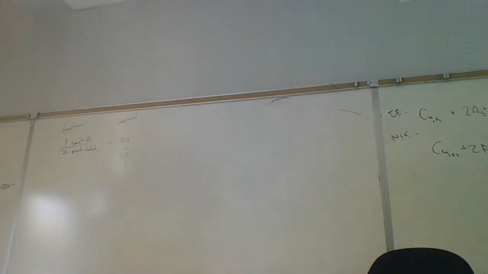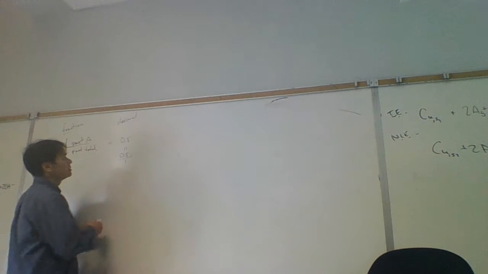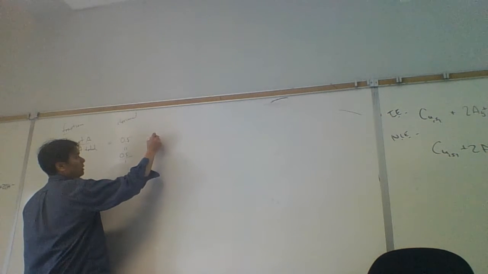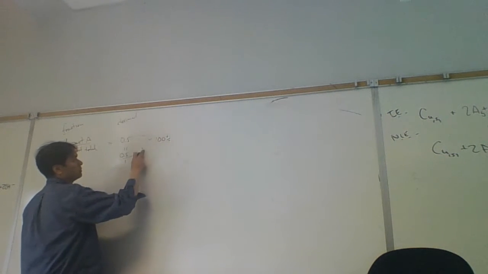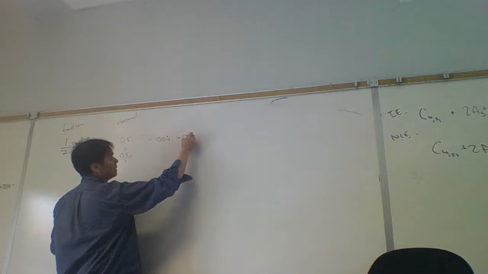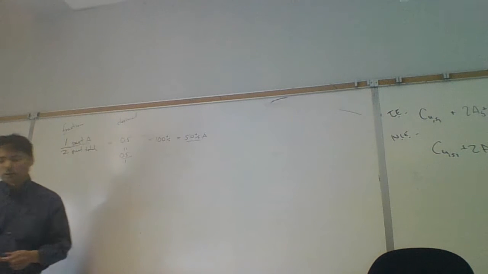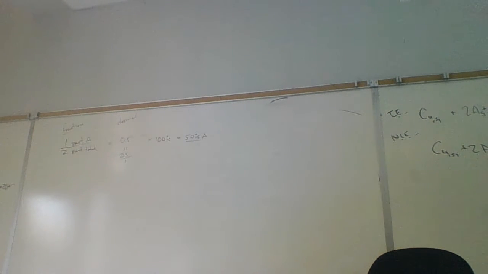For fairly concentrated solutions, we'd use this, but we'd convert it into percentage because percentage is sometimes easier to read. So 0.5 times 100% gives us 50% A. This particular mixture is just 50% A, 1 part out of a total of 2 parts.